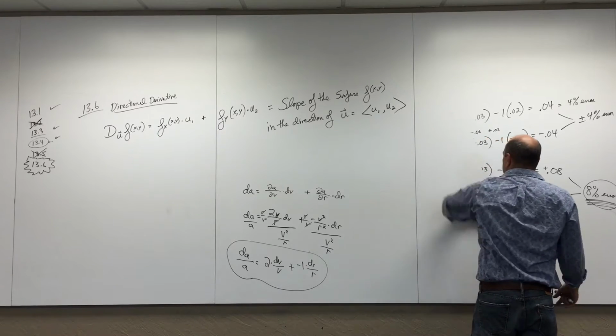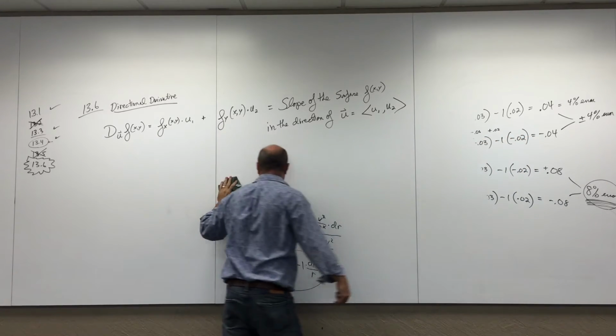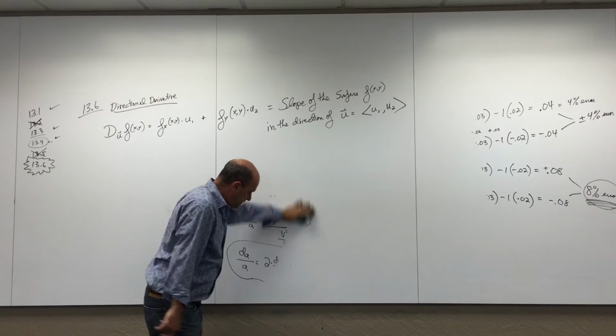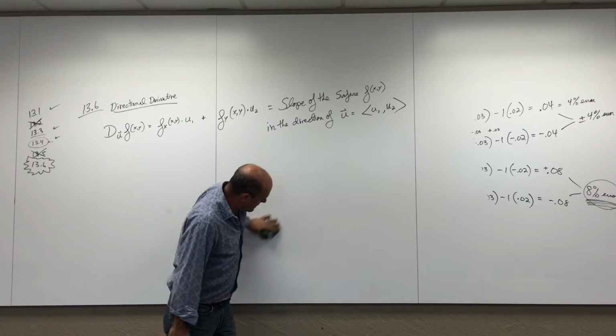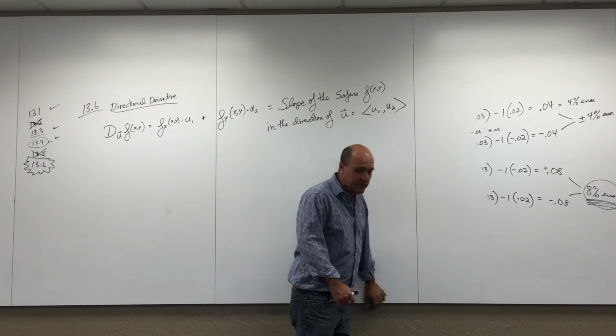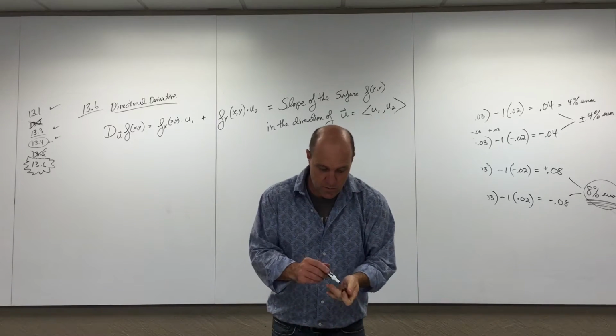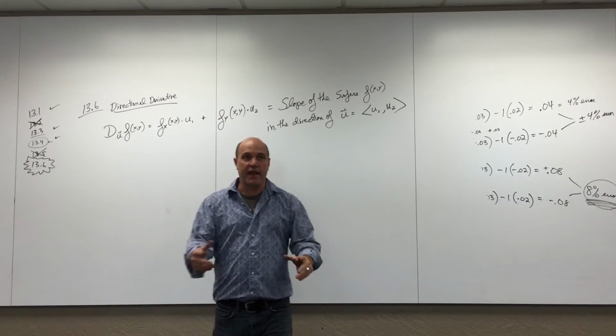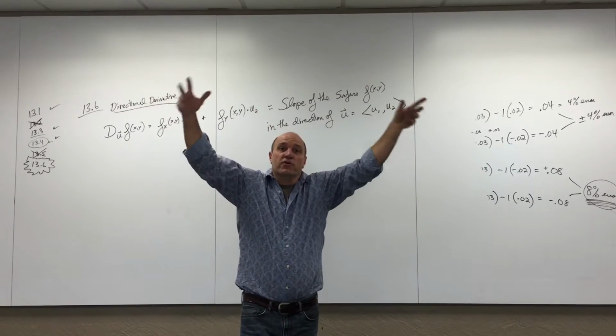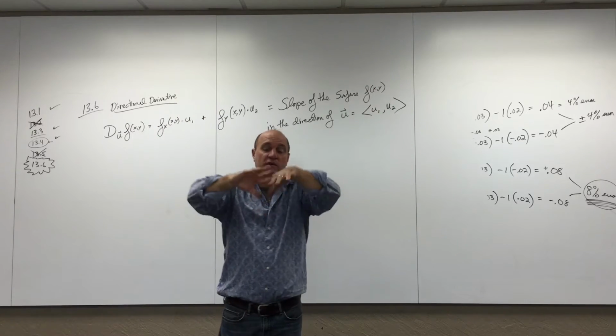So I previewed this 45 minutes ago or so when class started. I mean, this is big. This is a big deal. 45 minutes ago when this class started, I said, okay, in 13.3 we learned how to do partial derivatives. What do they mean?